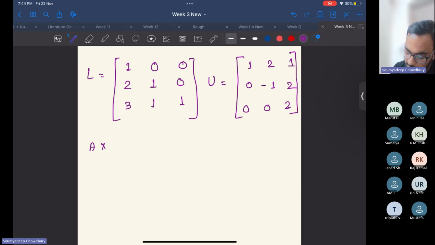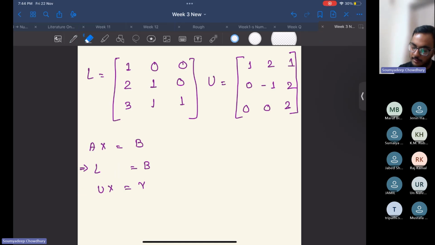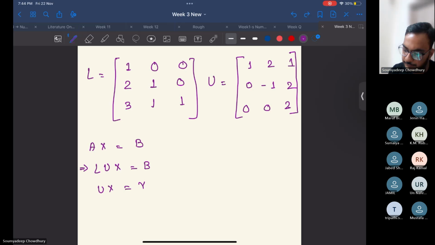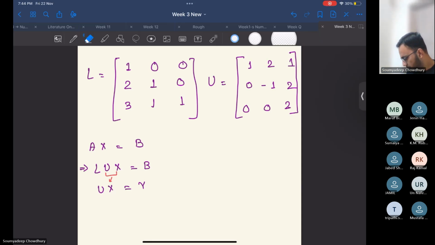So what was my algorithm for LU decomposition? AX equals B. Then you had LUX equals B. We had UX equals Y, right? We had assumed this UX matrix as Y. So we will find out the Y matrix first.